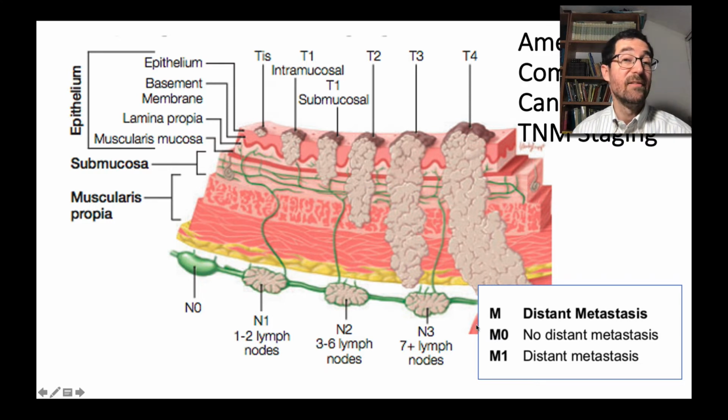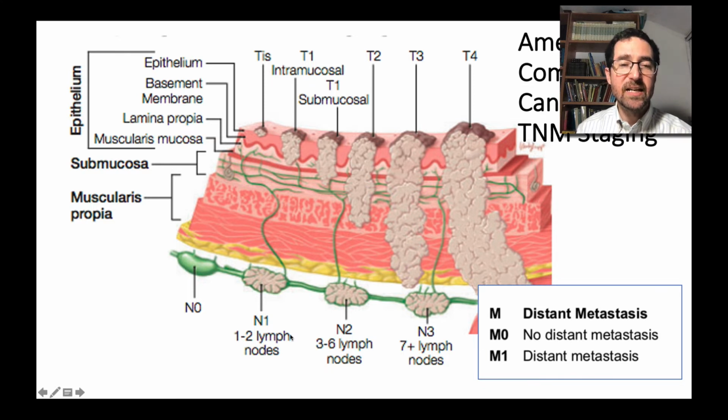For instance, if it's invading the trachea, there'll be then a T4 cancer. T1 is split up into T1A, which gets until the muscularis propria, and T1B, which invades the submucosa. And that's an important distinction because it's the T1As which can undergo local resection, as we'll mention later, and if you already have a T1B, then you need to undergo a formal esophagectomy, a large operation.